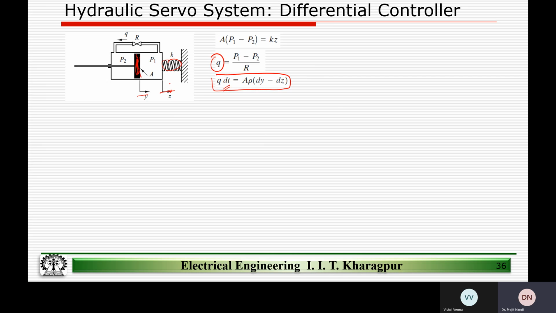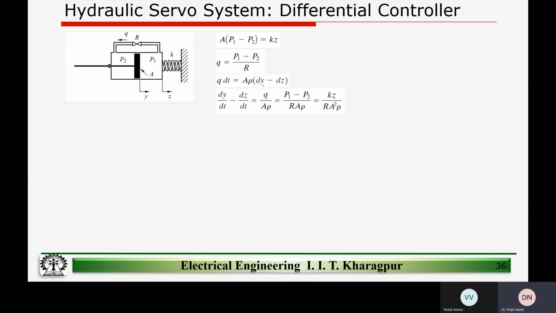If there were no spring, z and y would be equal; if it were solid, z would be 0 and y would move. With a spring, this edge moves a little less than that edge. So by equating the volume of fluid moved, Q dt equals A times (dy minus dz).